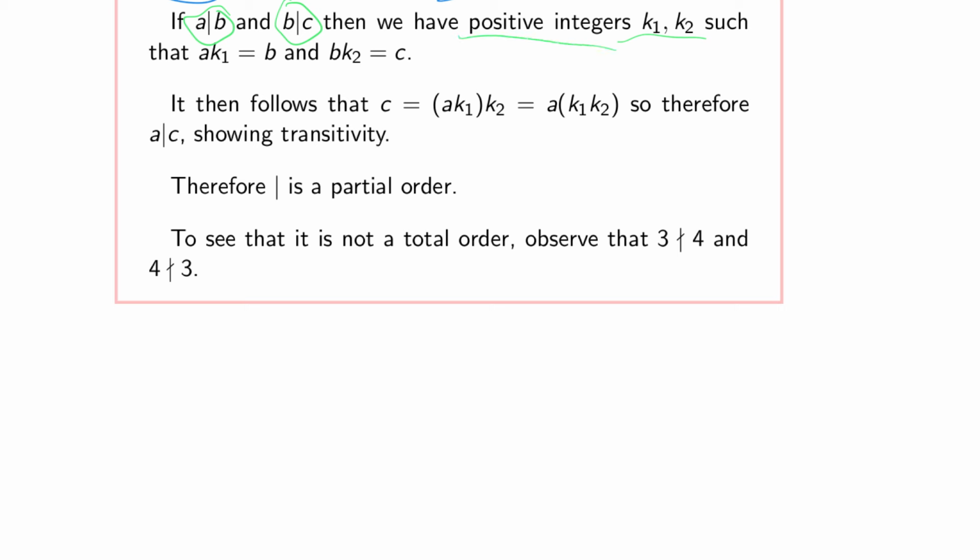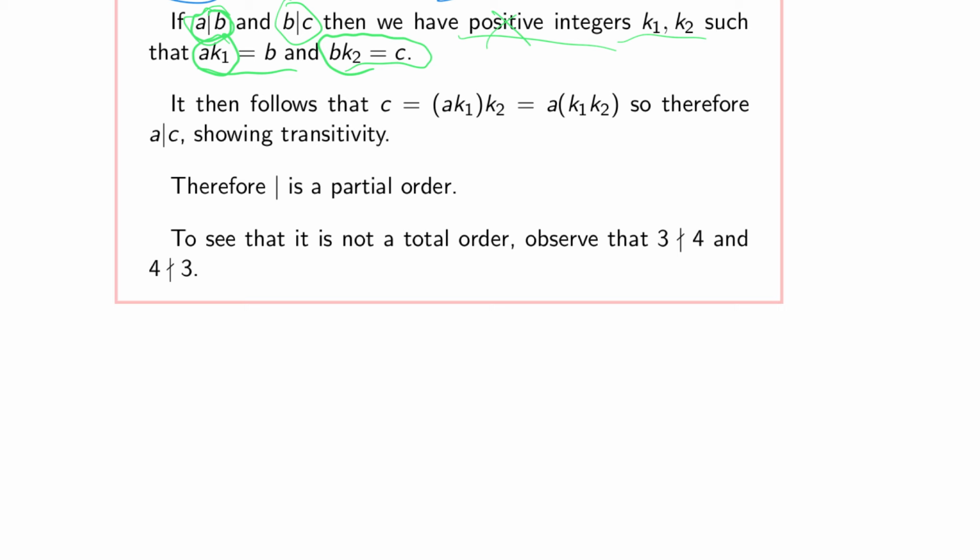I've specified that they're positive, and that is true, although that's not part of what the definition means, so we don't need it for the proof. So anyway, such that A K1 equals B. Because A divides B, this choice of K1 must exist such that A K1 equals B. Very definition of divisibility. And likewise, B K2 equals C, very similar idea.